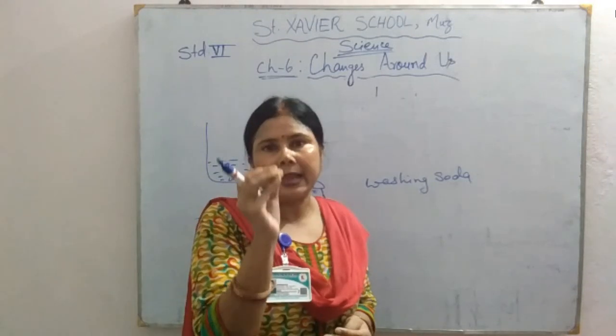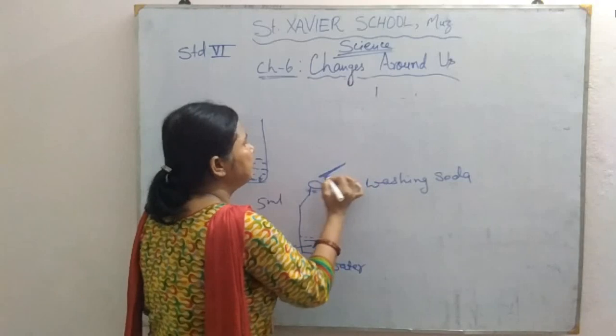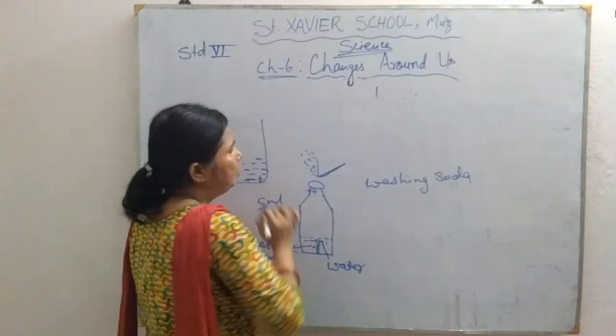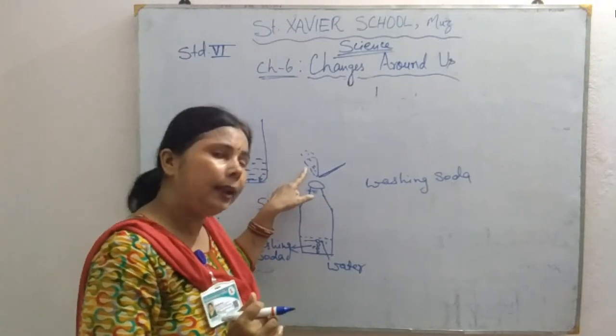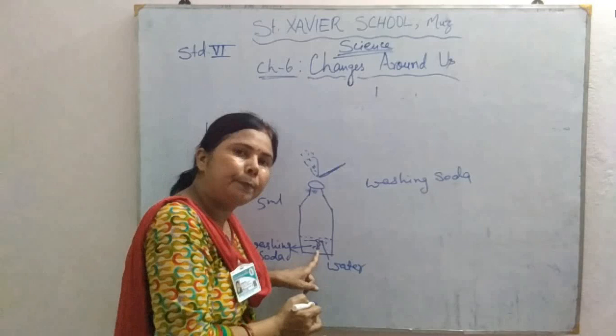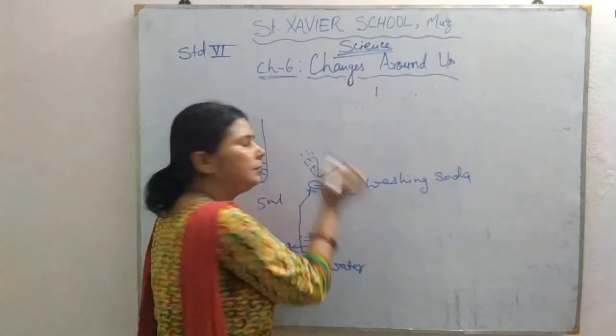Take a lighted matchstick near its mouth. This is the flame. What will happen? It will extinguish. It means the gas given out by the solution is carbon dioxide.